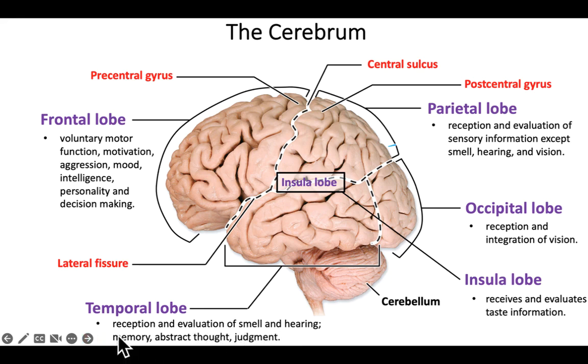It's got some memory component in there, abstract thought, and judgment. There's another landmark here called the lateral fissure. That kind of separates the temporal lobe from the frontal lobe. All right, so those are the lobes shown in purple and what they in general do. We're going to get into a little more detail. And then in red are some of the anatomical landmarks that are found on the surface of the cerebrum.